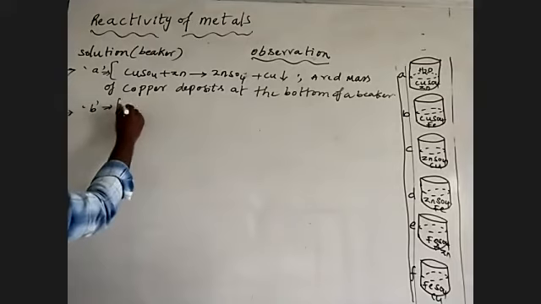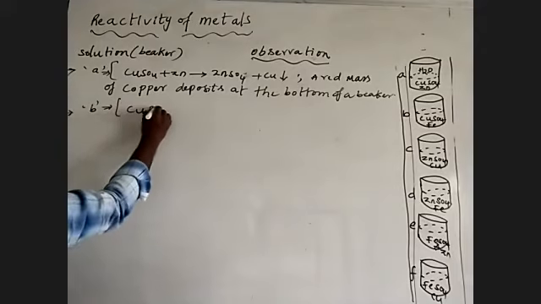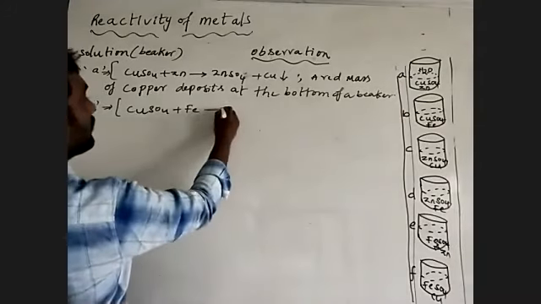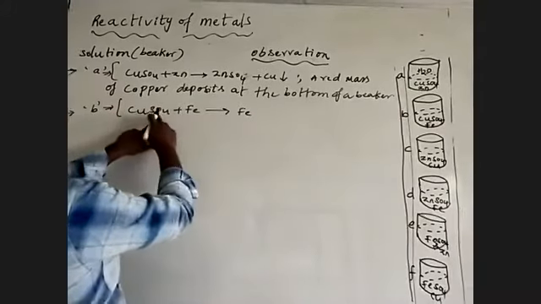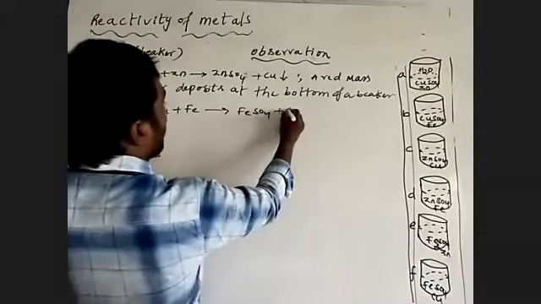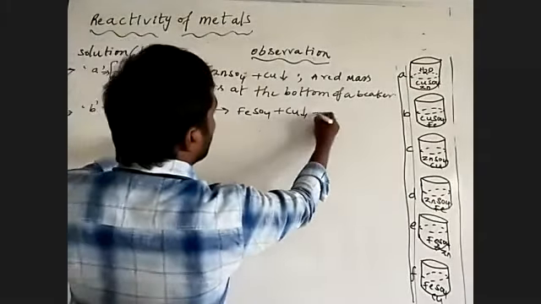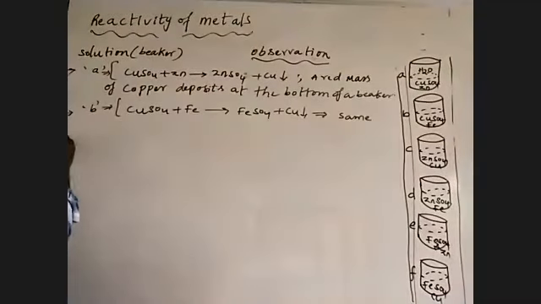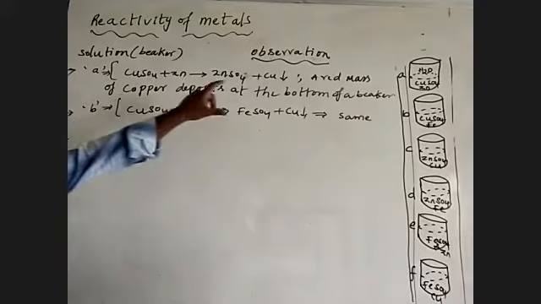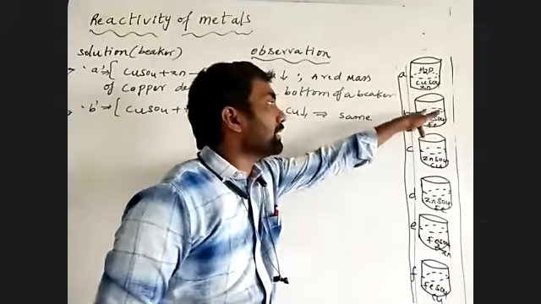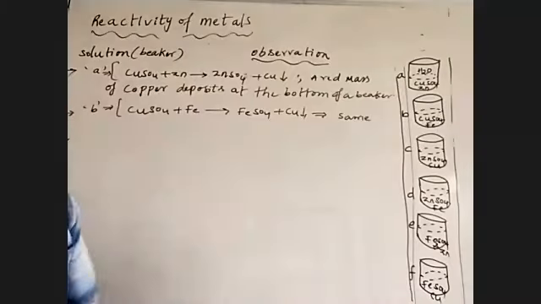Same as in beaker B. Beaker B consists of copper sulfate and iron. Here iron is displacing the copper to form iron sulfate and is giving copper. It's giving the same observation. So in these two beakers, zinc is displacing the copper and iron is displacing the copper from the copper sulfate.